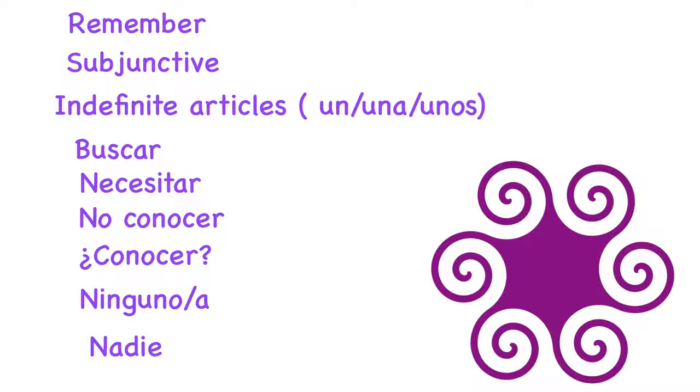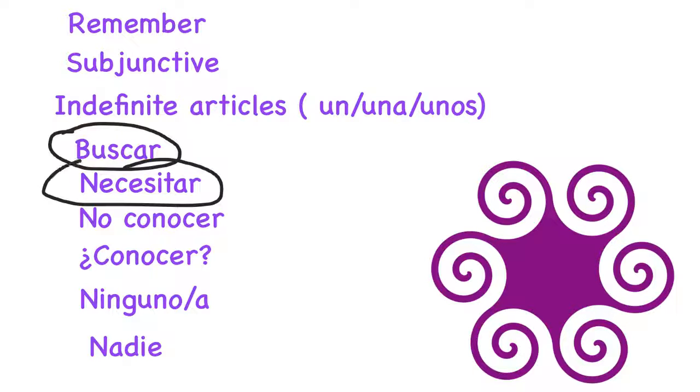So to summarize about the subjunctive, you should remember that when you see the verbs buscar y necesitar, and they're accompanied by indefinite articles like un, una, unos, unas, you're going to use a subjunctive. Also, if you see no conocer, you're going to use a subjunctive.